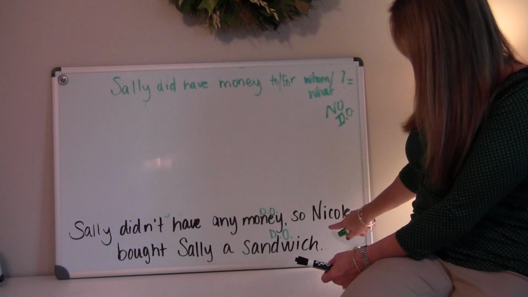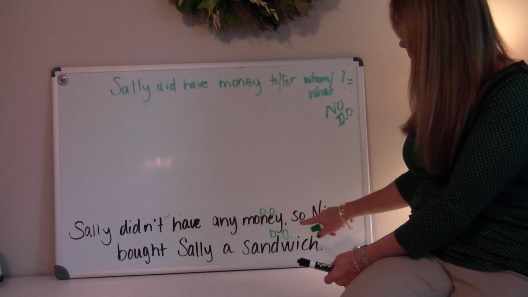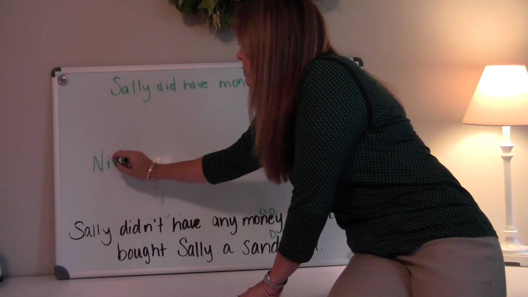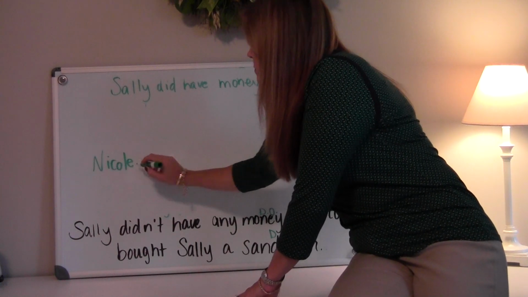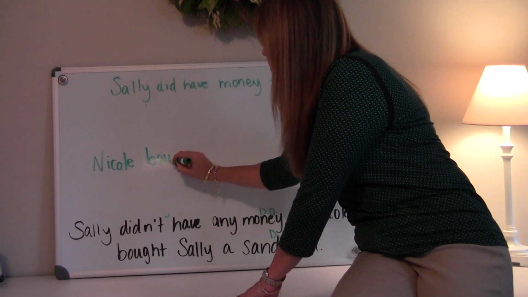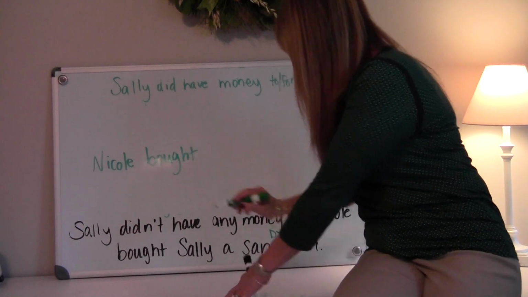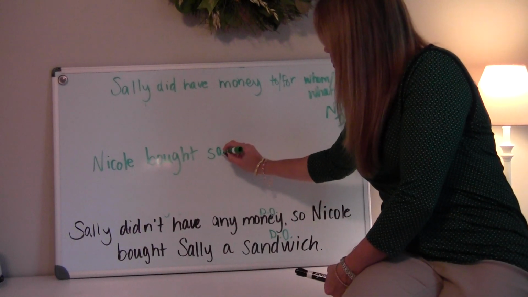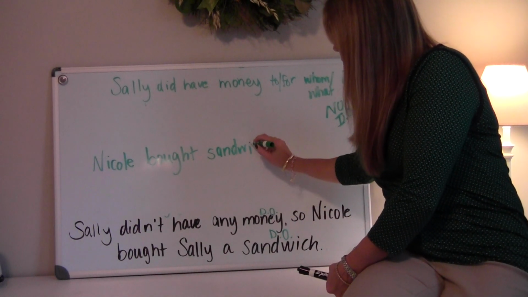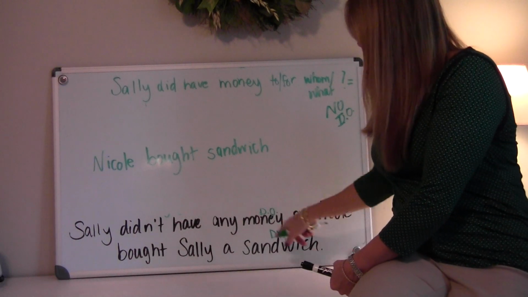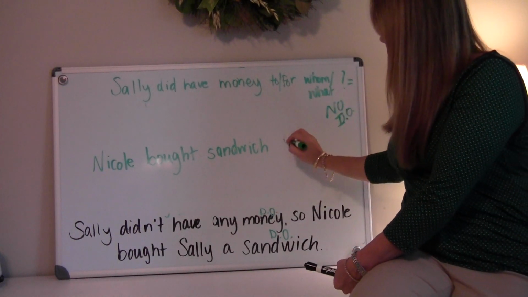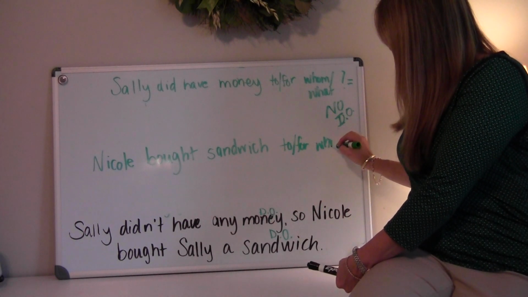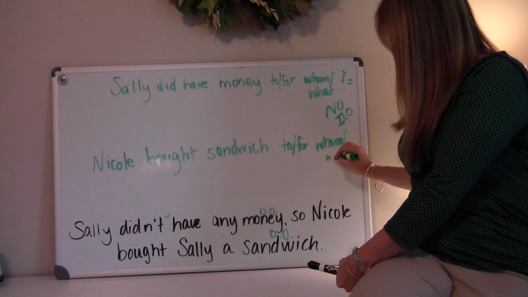But our second independent clause, Nicole bought Sally a sandwich. Let's see. We've got Nicole, and then we have bought, sandwich is our direct object. And now I add my question, to or for whom or what?